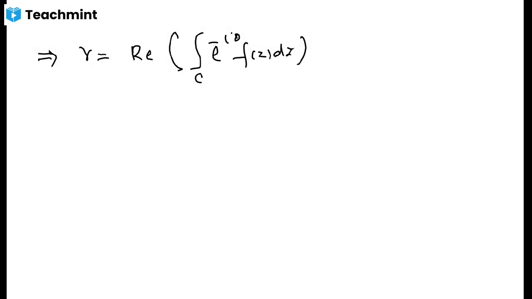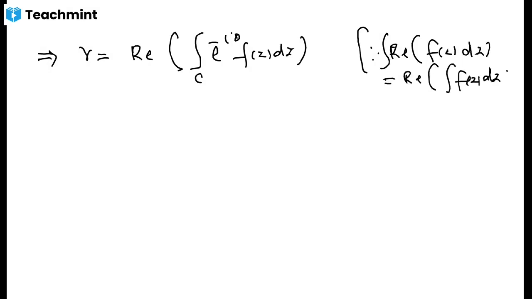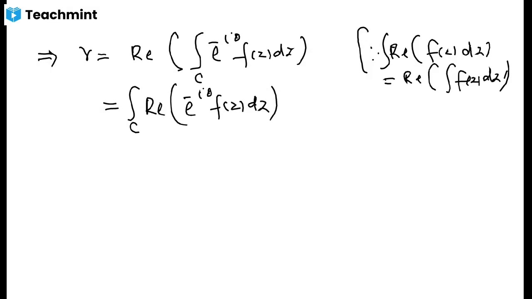But it can be verified very easily that the integral of the real part of f of z dz is the same as the real part of the integral of f of z dz. So with this, I can write it as the integral over C of the real part of e to the power minus i theta f of z dz. There is a relation between the real part of a number and its modulus. And what is that relation? The real part of any complex number is always less than or equal to its modulus.